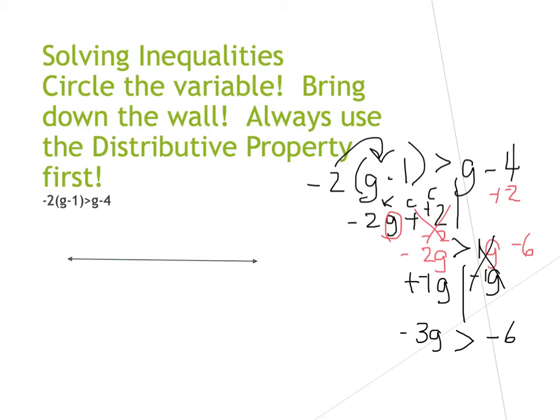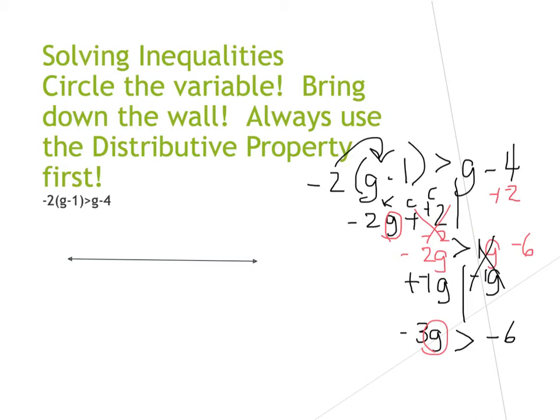And I'm not finished because remember, I still have a number with g and I need to get rid of all numbers. I want g all by itself. So with that, I'm going to circle my variable. Okay, here I notice this means negative 3 times g. So remember back when we were doing just one-step equations, anytime you multiply or divide by a negative number, you have to flip the signs.